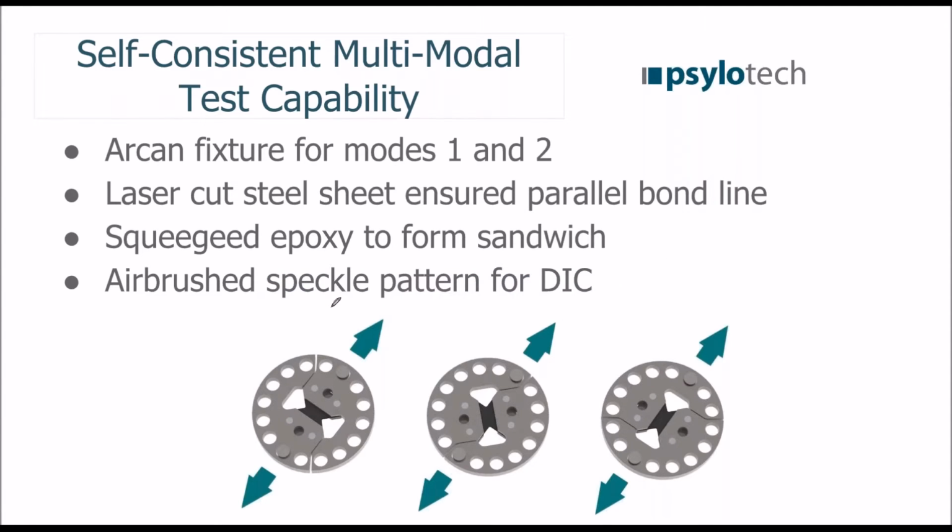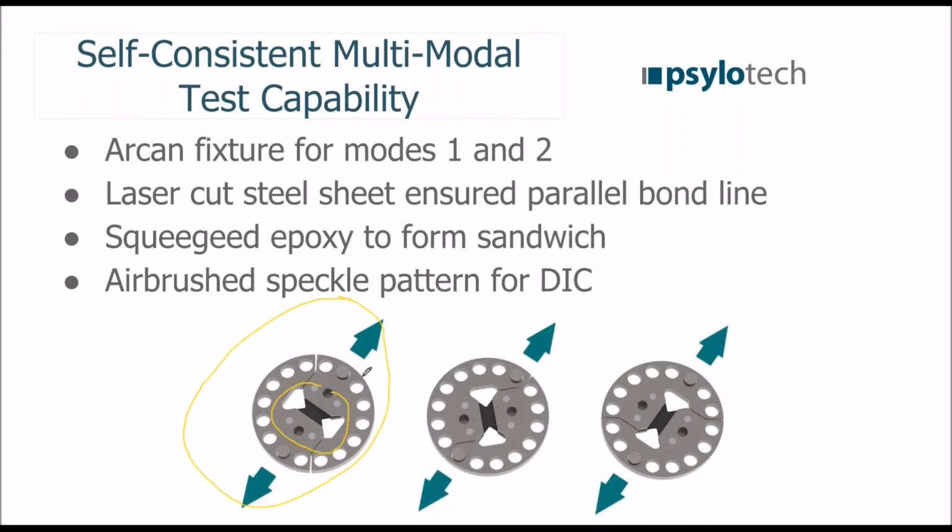That primarily in this test came about because of these specimen grips we have called Arcan. They've been in literature for a few decades now, but they're a pretty interesting structure. What you do is, with the same specimen geometry, you see it's a butterfly here clamped between the two halves of metal.